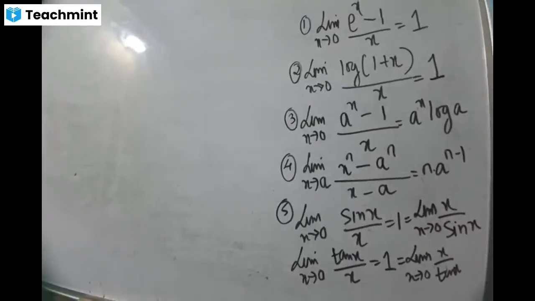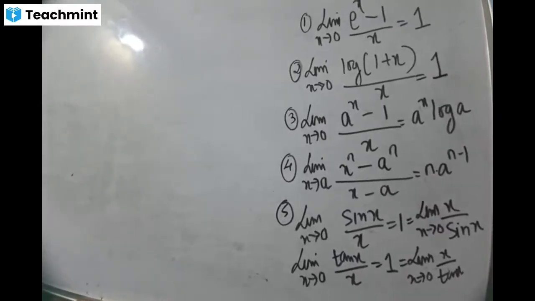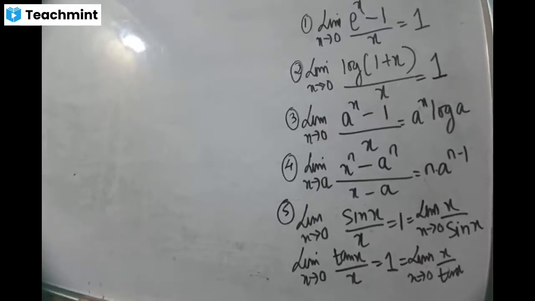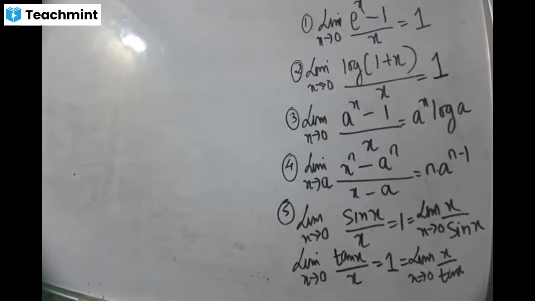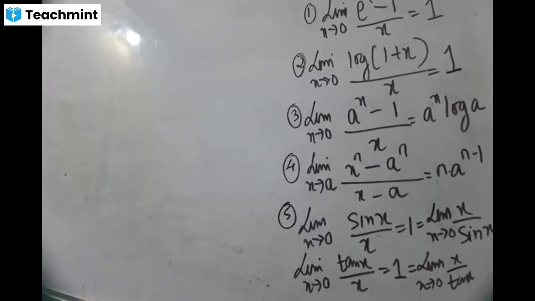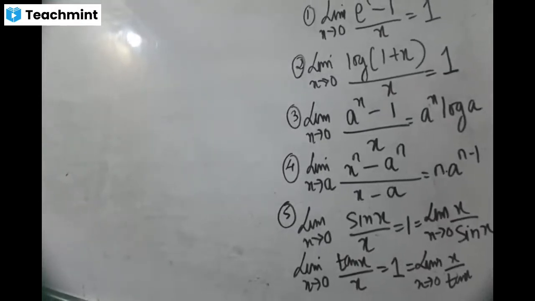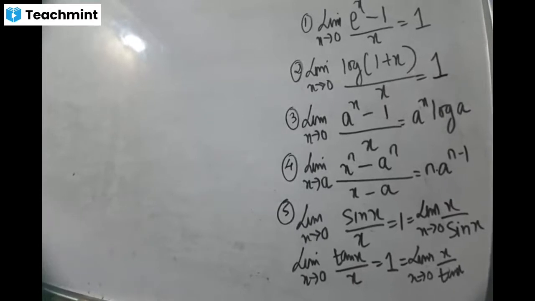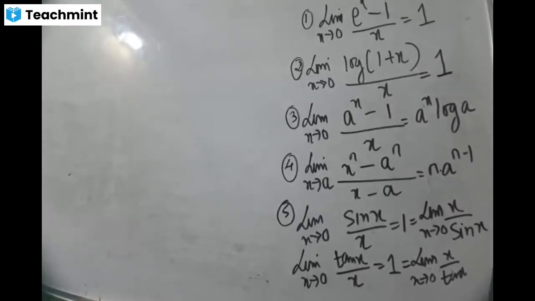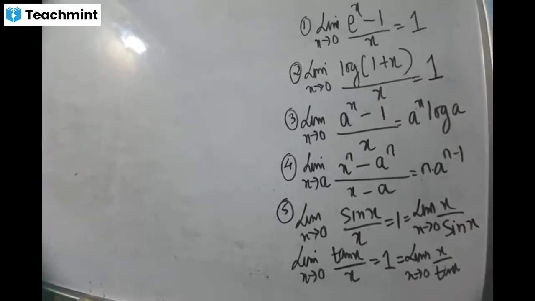The results are: limit x tends to 0, e to the power x minus 1 divided by x is directly 1; log 1 plus x by x is also equal to 1; limit x tends to 0, a to the power x minus 1 divided by x is a to the power x log a; limit x tends to a, x to the power n minus a to the power n divided by x minus a is equal to n dot a to the power n minus 1; and the final property, that is sin x by x is 1 and x by sin x is also 1.